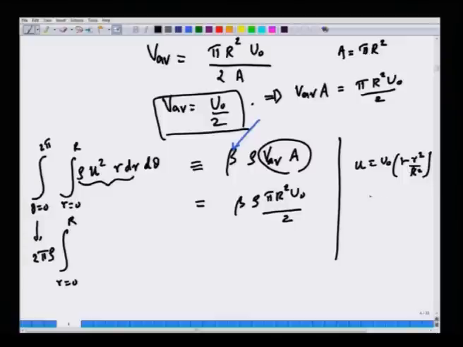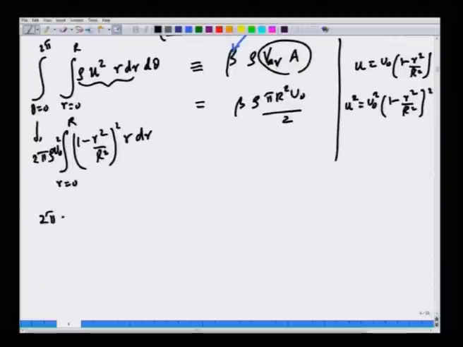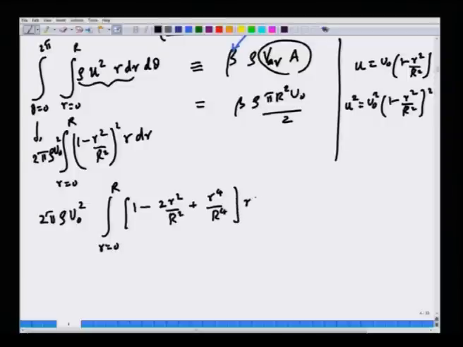So, u squared is u naught squared times 1 minus r squared by R squared, whole squared, times r dr. This is the integral we have to calculate. So, 2 pi rho u naught squared, r from 0 to capital R. Let us expand the square out. So, it is 1 minus 2 r squared by R squared plus r to the 4 by capital R to the 4, times r dr.